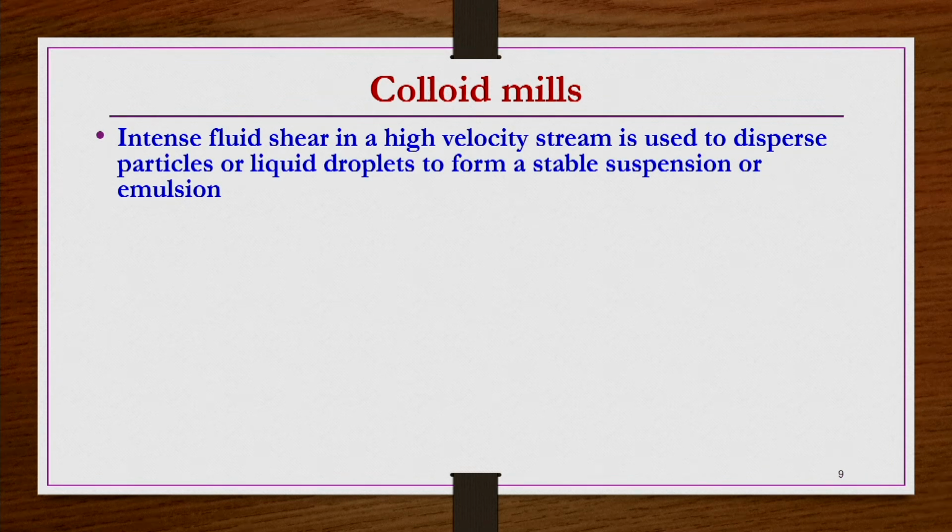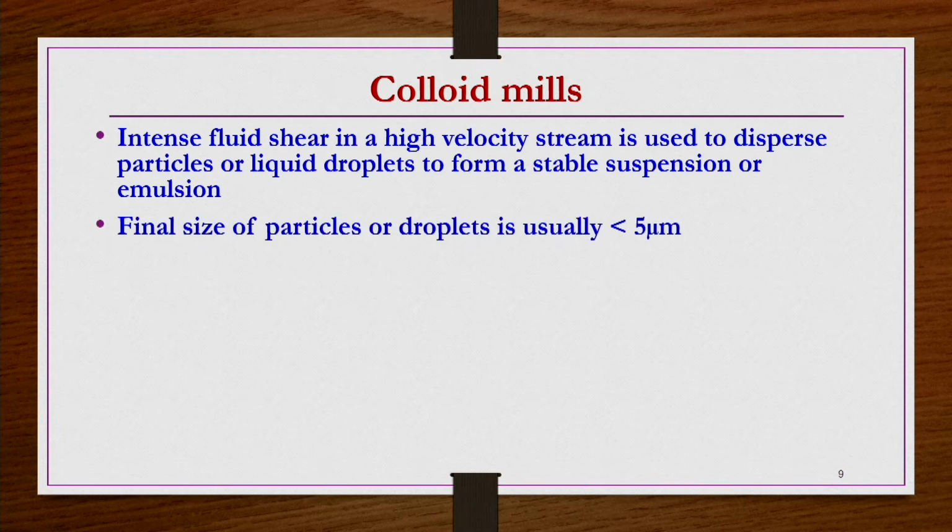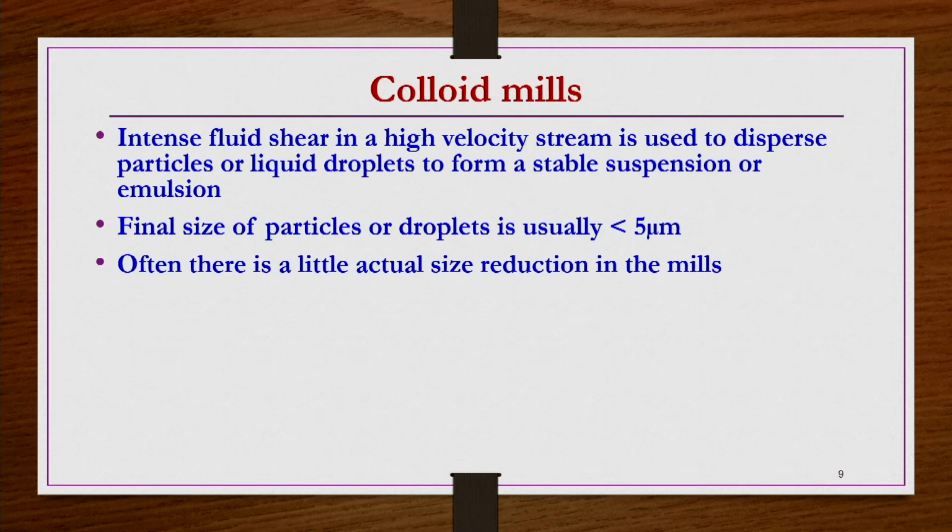Intense fluid shear in a high velocity stream is used to disperse particles or liquid droplets to form a stable suspension or emulsion. In general, these kinds of mills are used in pharmaceuticals, like preparing suspensions. Final size of particles or droplets is usually less than 5 microns. Often there is little actual size reduction in the mills, as I mentioned.